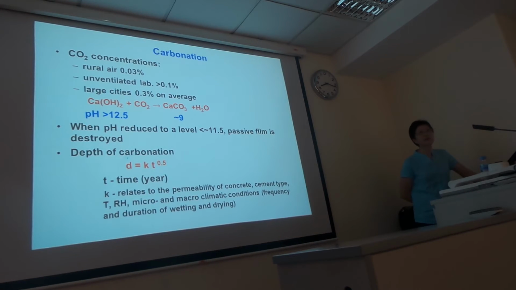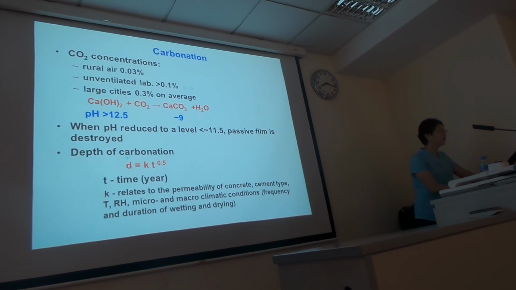We talked about in previous class that one of the main hydration products in the concrete is calcium hydroxide, right? So when the concrete is exposed to the environment, the CO2 in the air can penetrate into the concrete to react with the calcium hydroxide to form calcium carbonate, right?